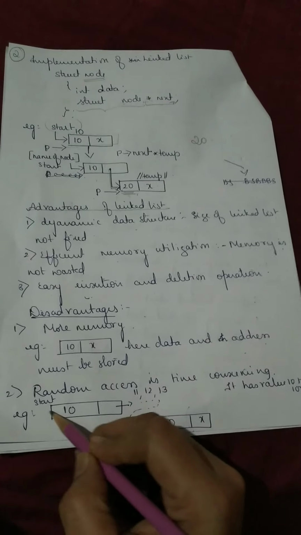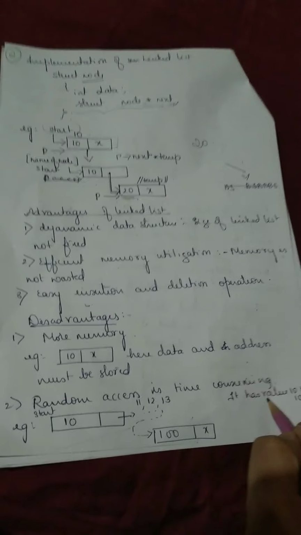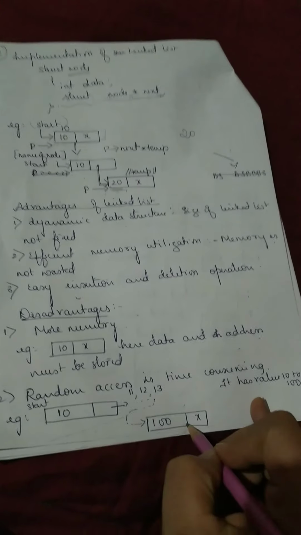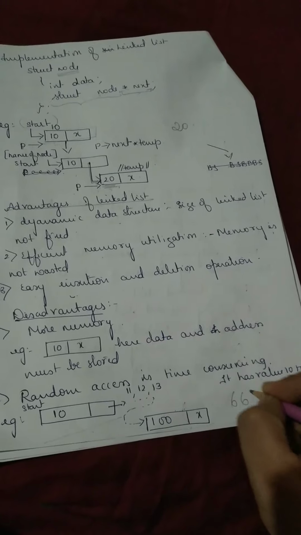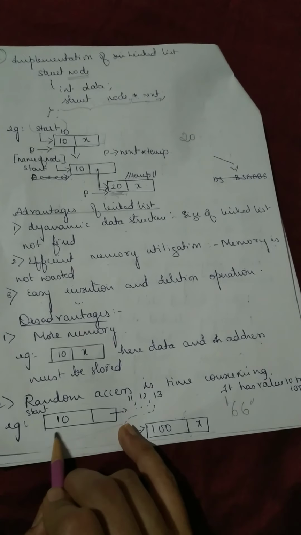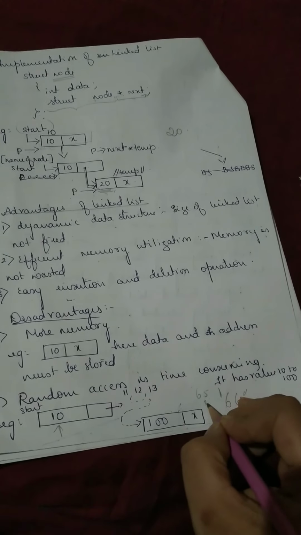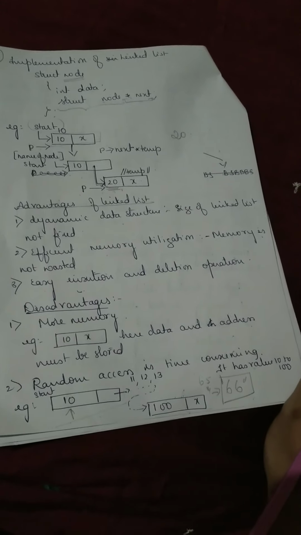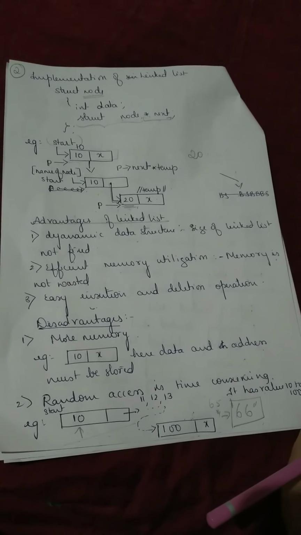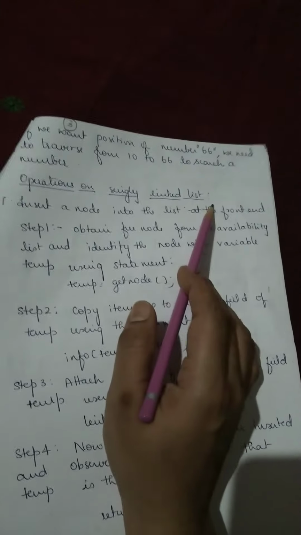For example, I have a first node with value 10 and in between there are 100 nodes and the last node is 100. Now if I want to search for node 66, I need to traverse from the beginning till the 65th node, then I can get the 66th node. So here random access is time consuming. Right?